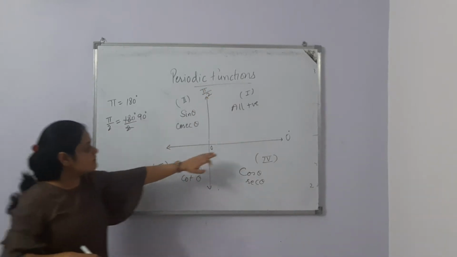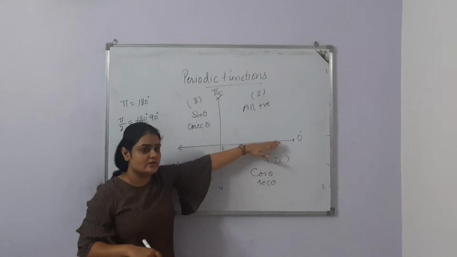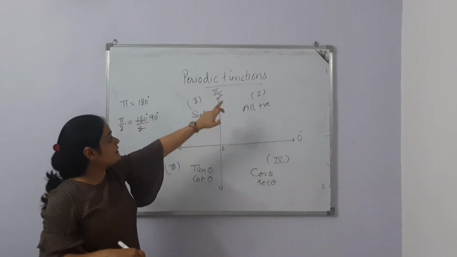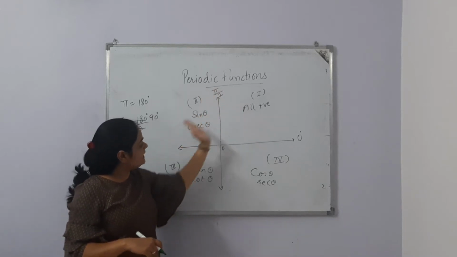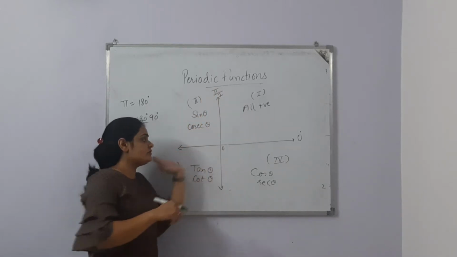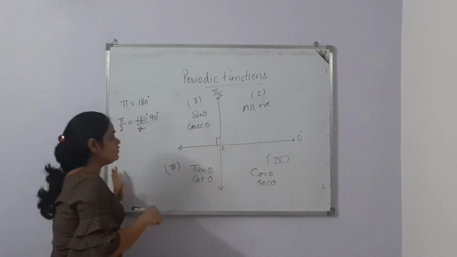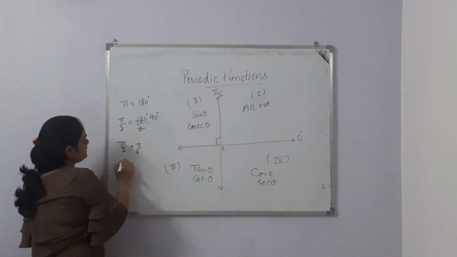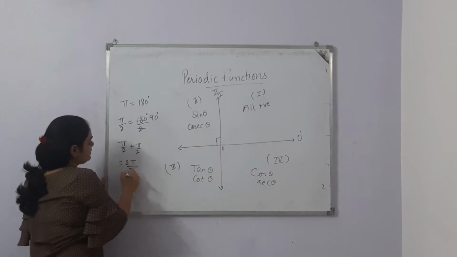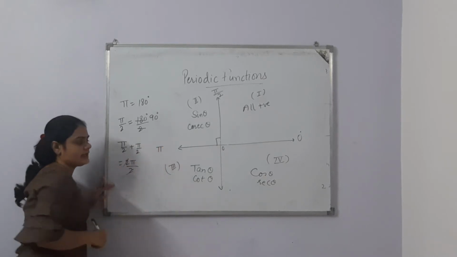On the x-axis it is 0 degree or 0 radian. Next is pi by 2. Of course, between the y-axis and the negative x-axis the angle is again 90 degree. So pi by 2 plus pi by 2 is 2 pi by 2, that means pi.